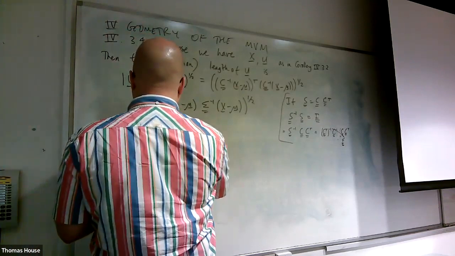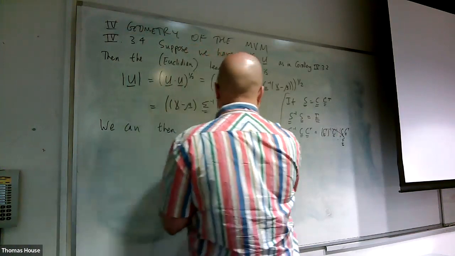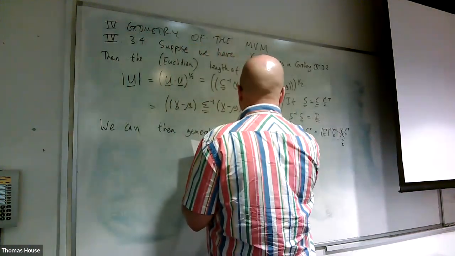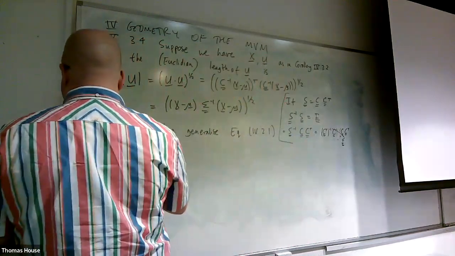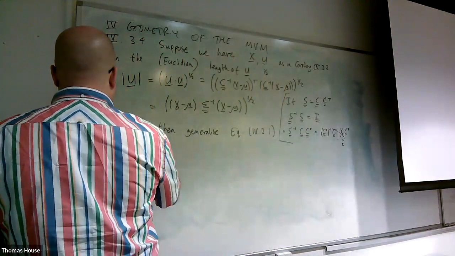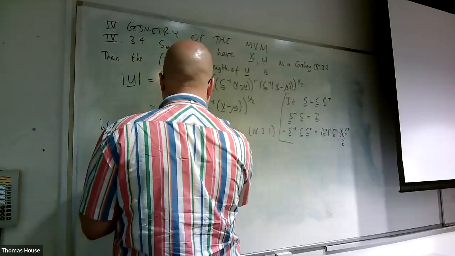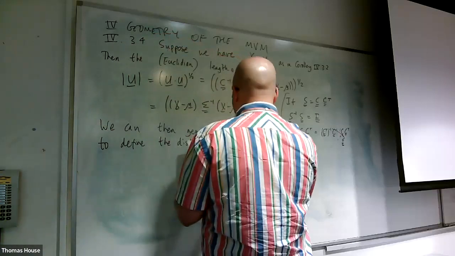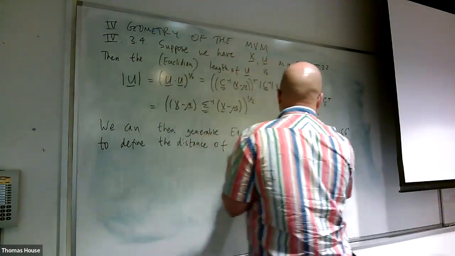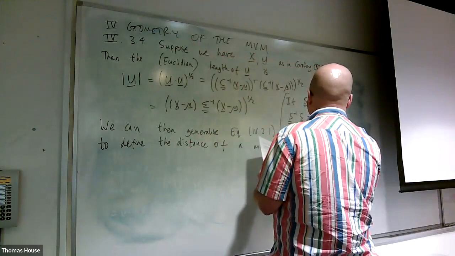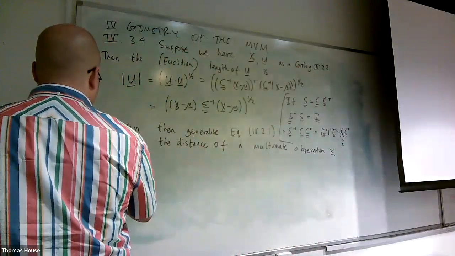So we can then use equation 4.2.1 to define the distance of a multivariate observation X from its expected value.